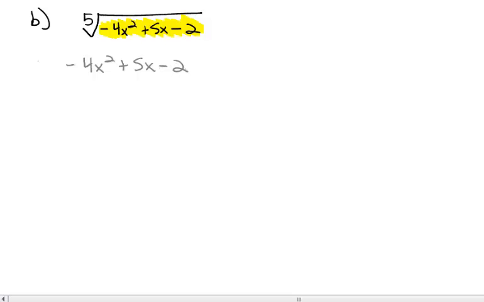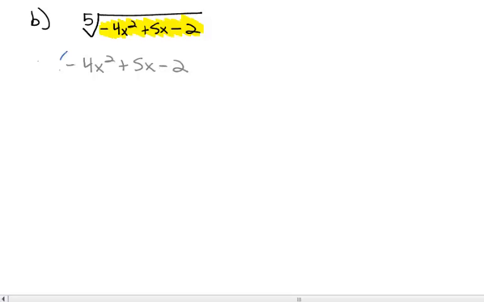Let's try another one. How about we do the fifth root of negative 4x squared plus 5x minus 2. Again, we'll notice that this has a quadratic portion in it. So we're going to focus on the quadratic portion, the negative 4x squared plus 5x minus 2.